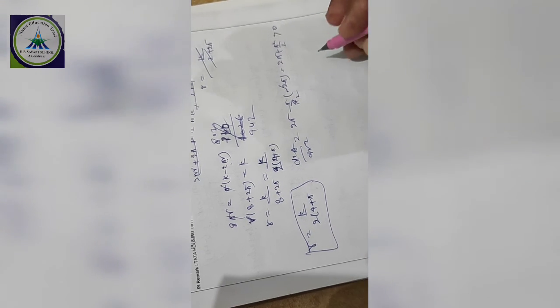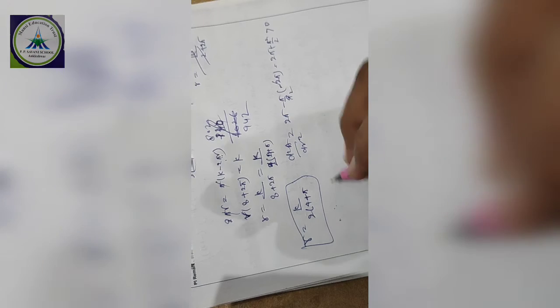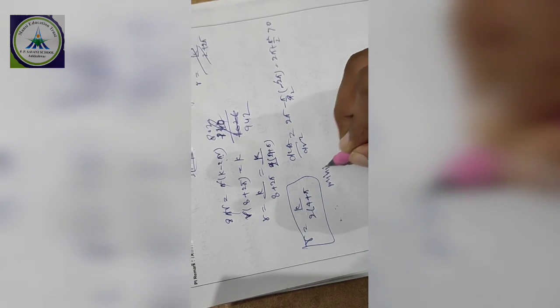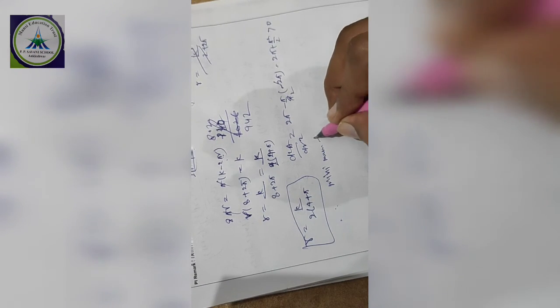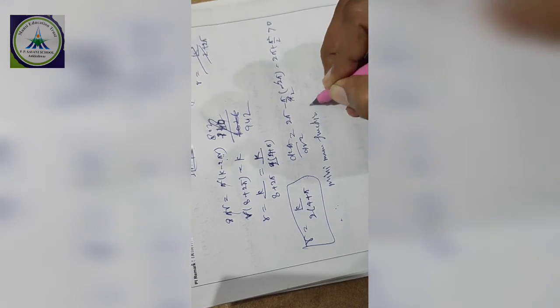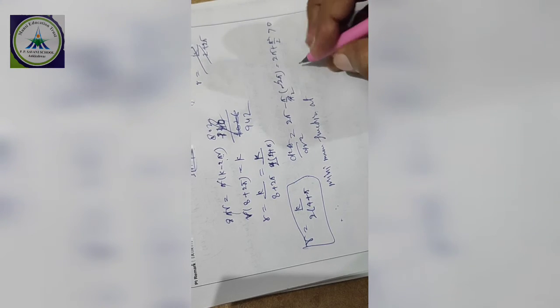This is positive, so it's a minimum value. Therefore the function is minimum at r equals k upon 2 into (4 plus pi).